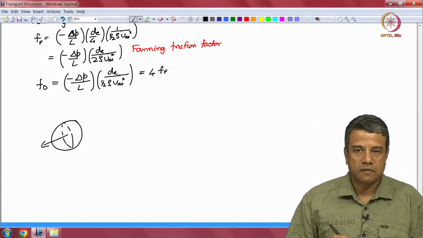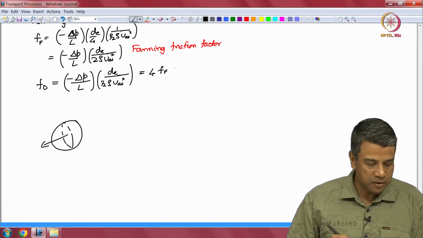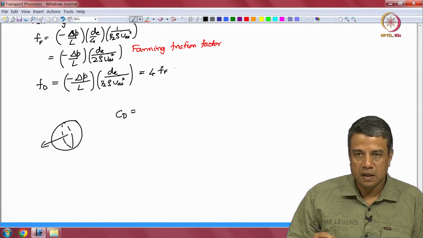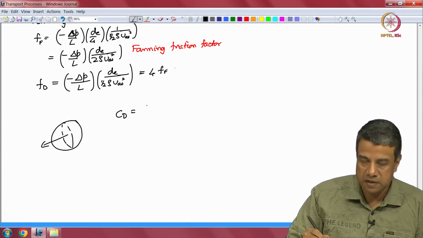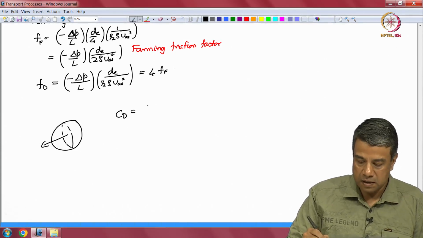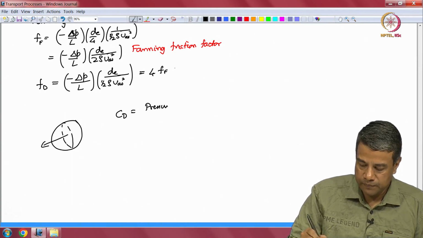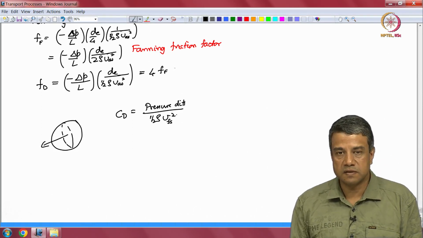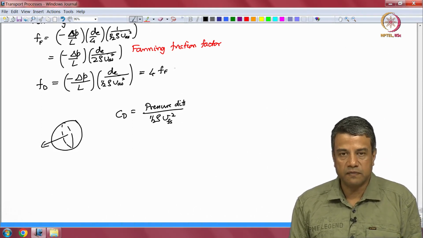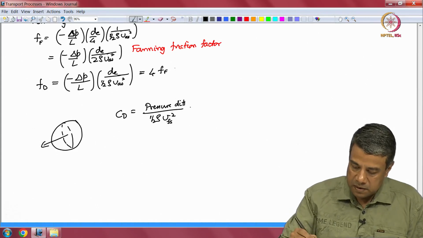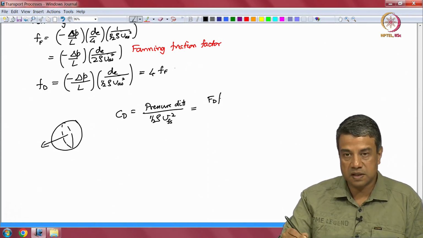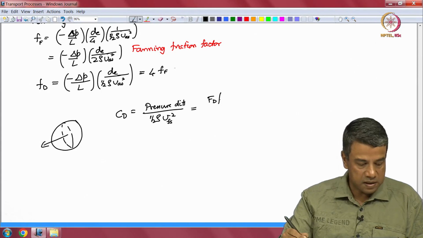The non-dimensional momentum flux, in this case called the drag coefficient, has to be some average pressure difference divided by half rho V free stream square, where the characteristic velocity is the free stream velocity. This average pressure difference is defined as the drag force divided by the cross sectional area of the object.